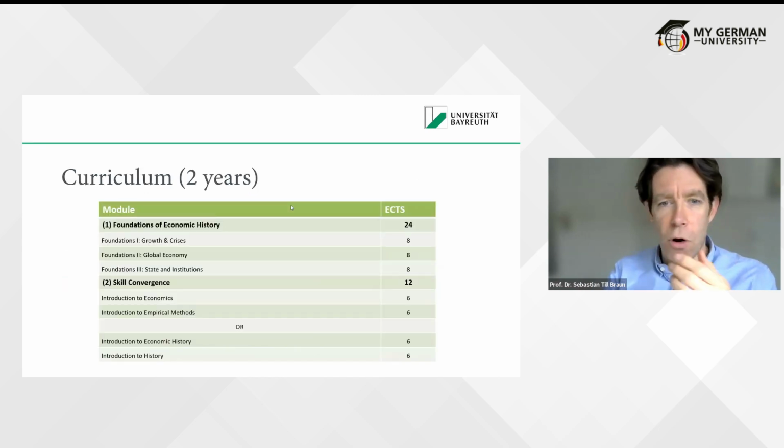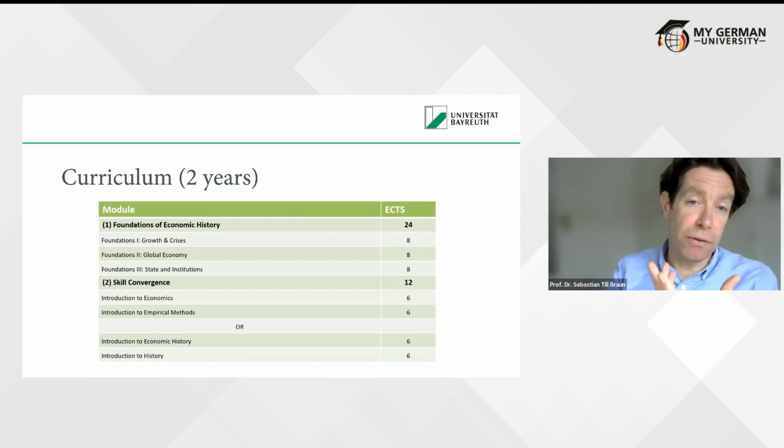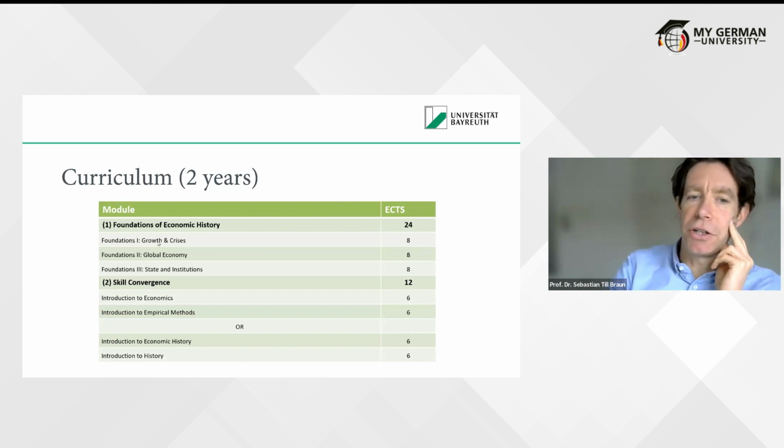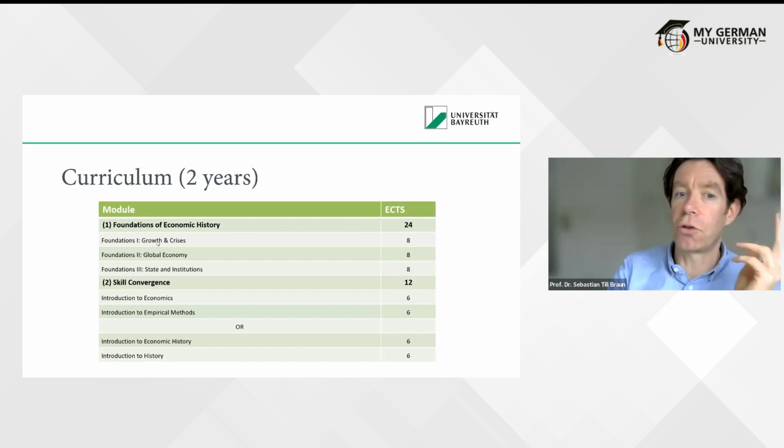Just to give you an overview of what you can expect from the program. So it's also a two-year program. There is the first module category, called Foundations of Economic History. So this is really economic history. And there are different topics. For example, I teach a module on growth and crisis.